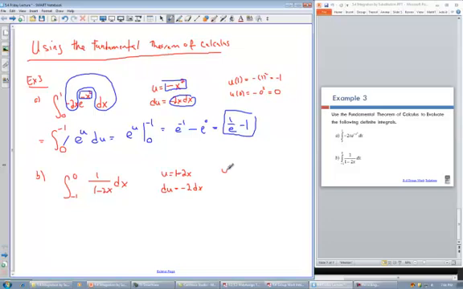I'll have to change the limits of integration, so now use u as a function of x, so u of 0, so I plug in 0 for x. I get 1 minus 2 times 0, which is 1. And then u of negative 1, which is equal to 1 minus 2 times negative 1, which equals 1 minus a negative 2.